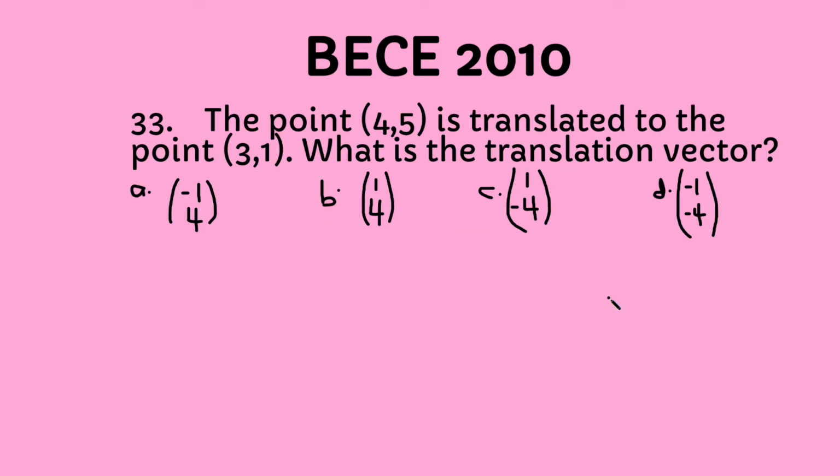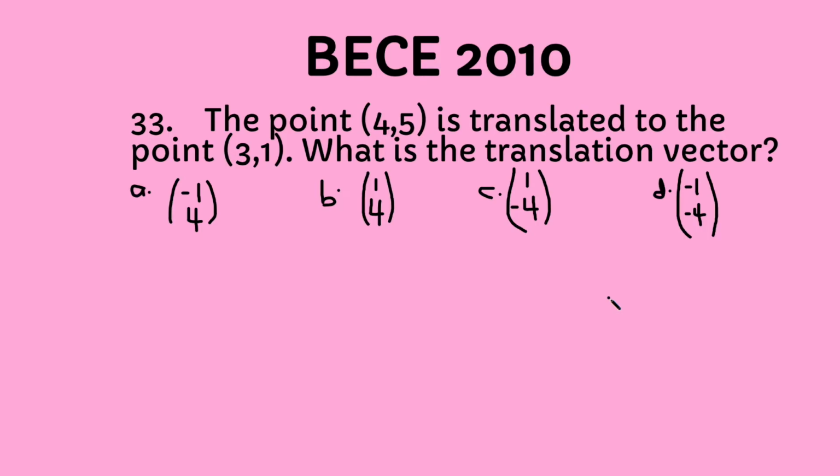Question 33. The point 4,5 is translated to the point 3,1. What is the translation vector? Basically, the translation vector is any vector that allows us to accommodate movement. When we have our x and y axis, when we draw these points on a graph, we're going to have the point 4,5. The translation vector is whatever values would allow us to move from 4,5 to another point, which in this case is 3,1.